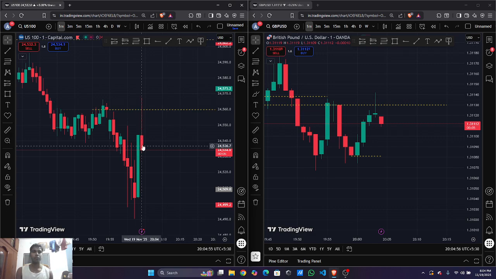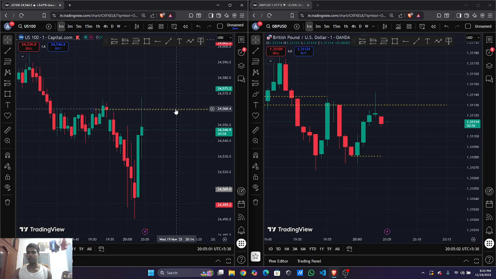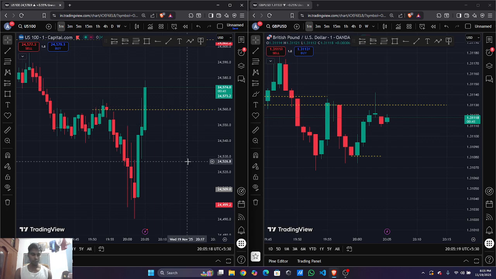Now 1 minute break of structure and we will enter. Gold is moving, but it is not giving any retracement, so I won't. Okay. A little FOMO entry, but fine. I am in. I need only $50.